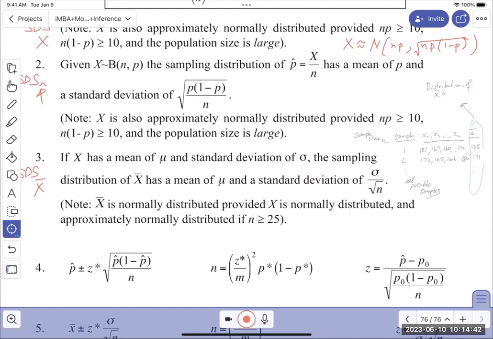So I didn't say anything about shape yet. All I've said is if you know the mean and standard deviation of that variable, in this case, the blood pressure readings for that person, then the sampling distribution of the sample mean will have the same mean as the original, but a smaller standard deviation. So in other words, these are closer together than the original values by a factor of dividing by the square root of n.